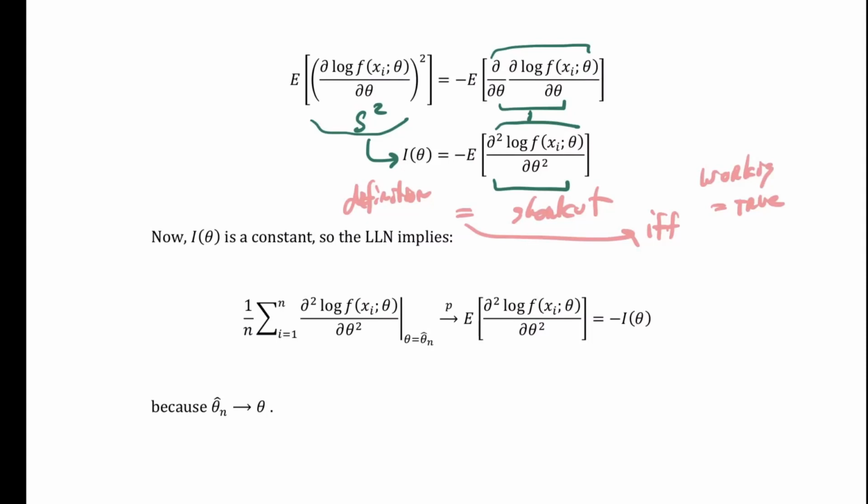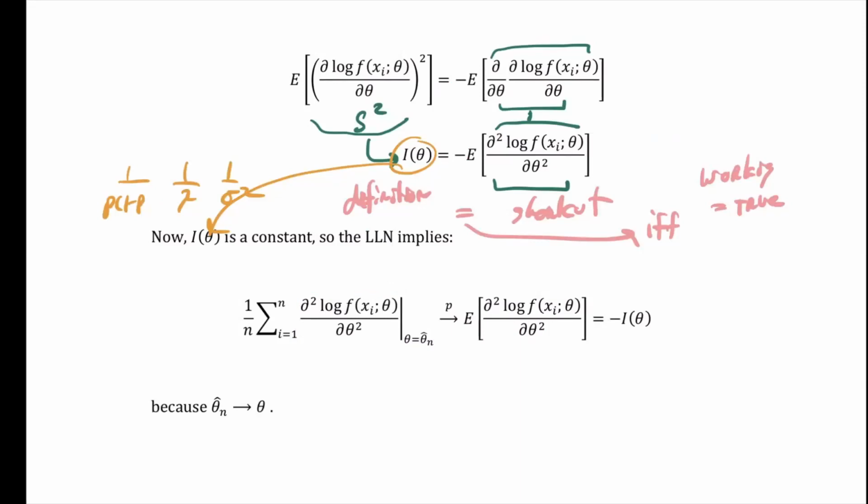Now, this piece here, this guy here, this is a constant. This is information. When this was the Poisson distribution, it was 1 over lambda. For the normal distribution, 1 over sigma squared. For the binomial distribution, it's 1 over p times 1 minus p. It's a constant. Well, I can estimate it essentially by calculating this thing.